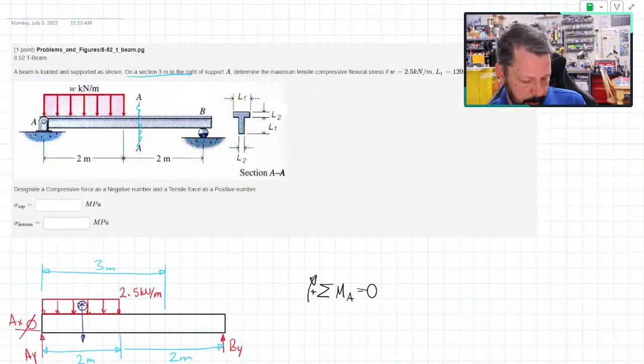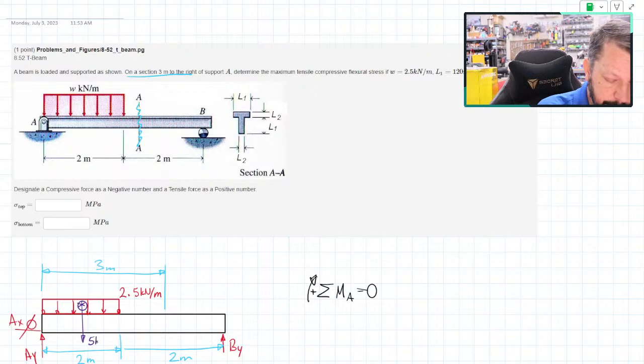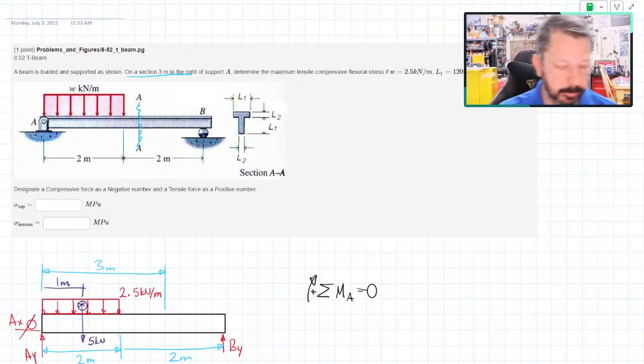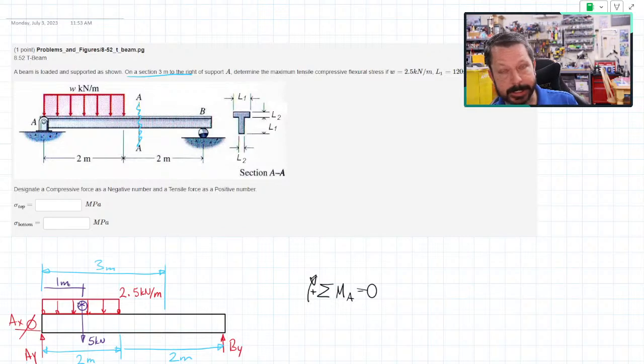This one is 2.5 kilonewtons per meter, and it's 2 meters long, so it's a total of 5 kilonewtons. And it's 1 meter from the pin, right? Because it's in the center of that distributed load.